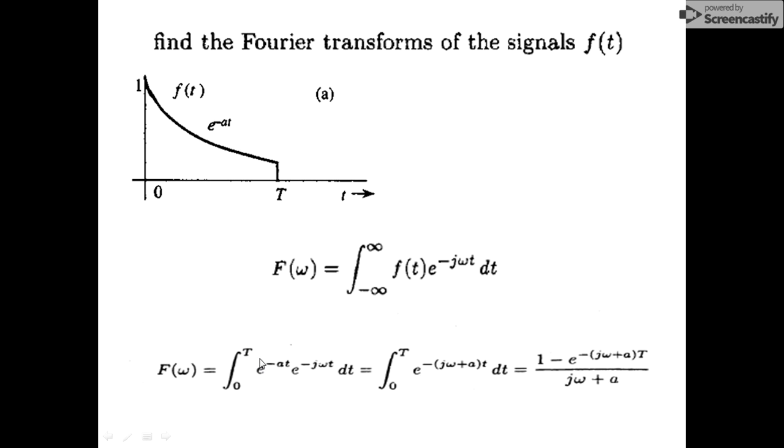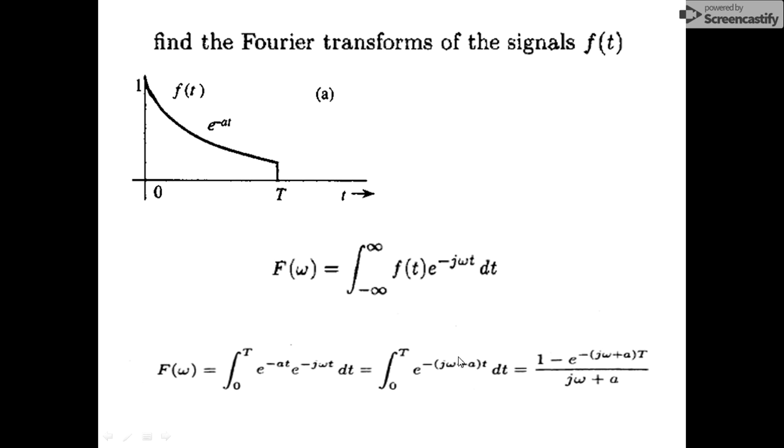Clear? In that region, the f of t is e to the power minus at, so I have written here integration 0 to T e to the power minus at into e to the power minus j omega t dt. Just integrate this, that is equal to integration 0 to T e to the power minus of (j omega plus a) into t dt.